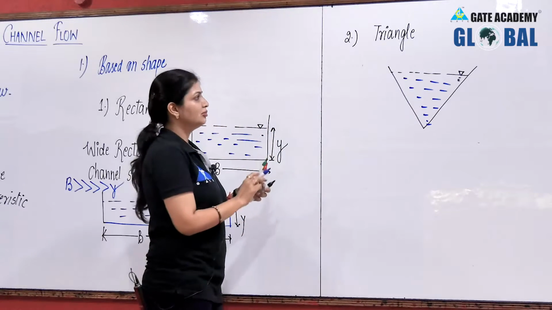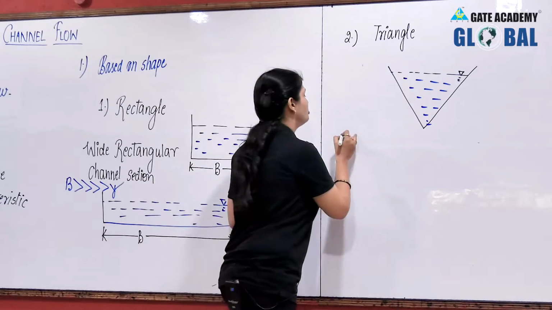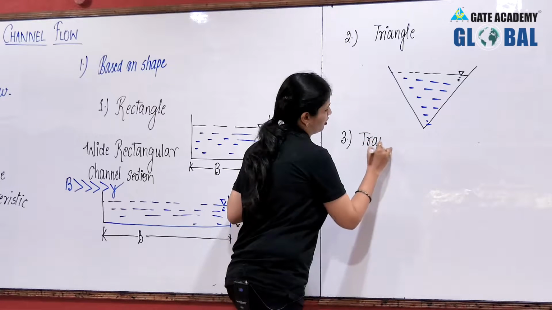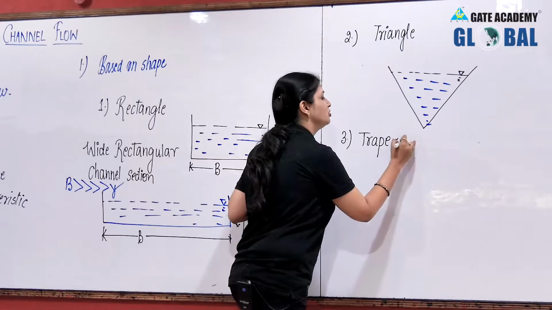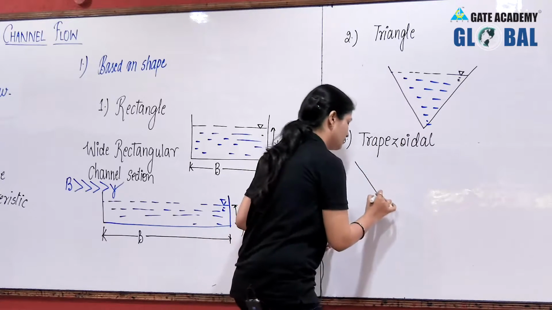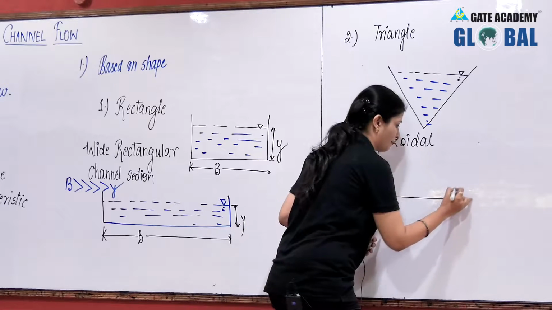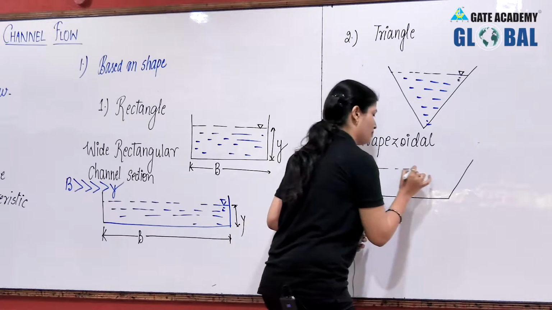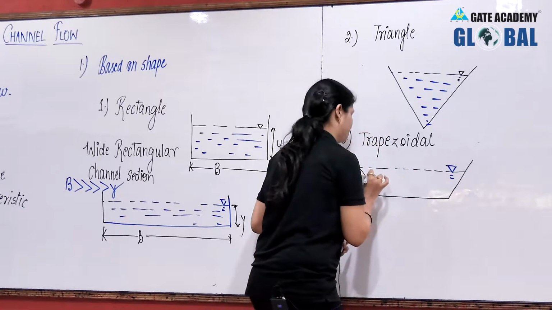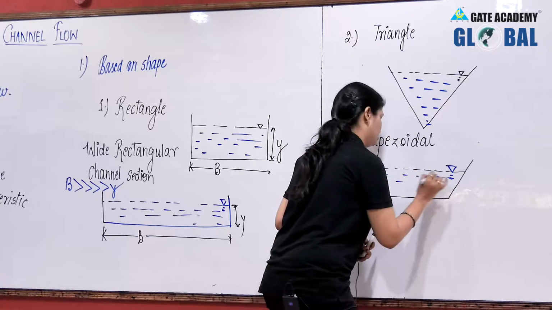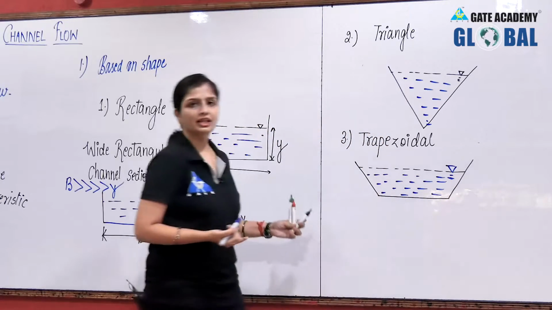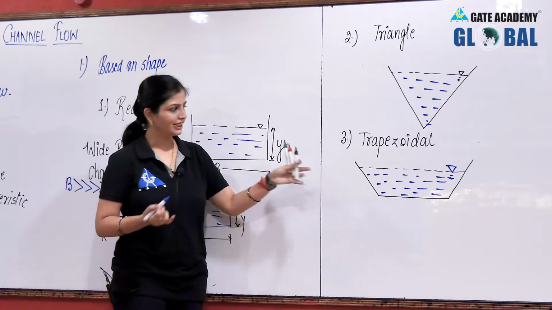Similarly, I can draw trapezoidal also. This is somewhat like this. This is your trapezoidal channel section.